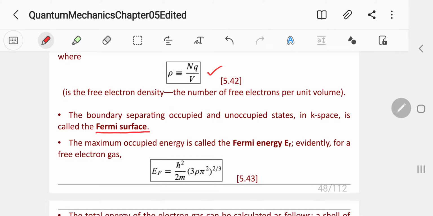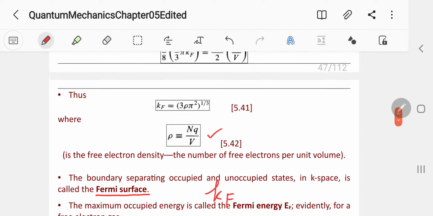That's why you have an F in the kF. This is the Fermi radius of the solid.